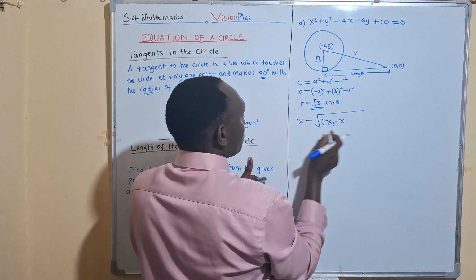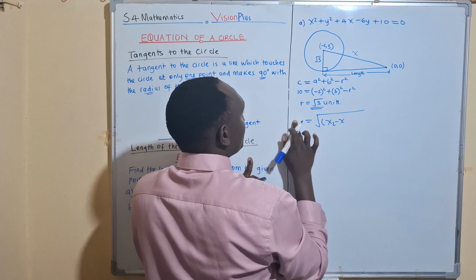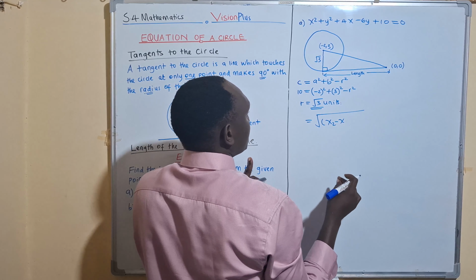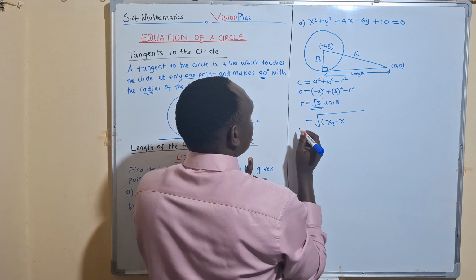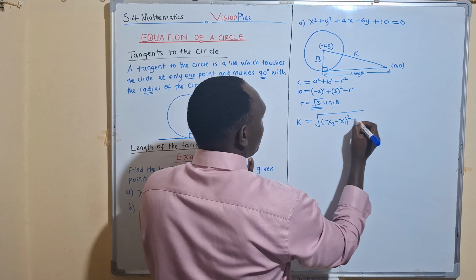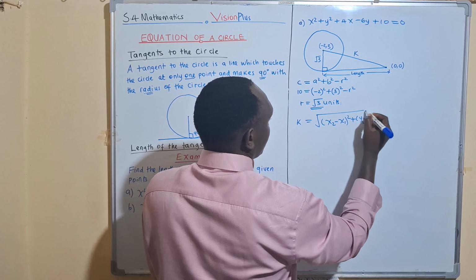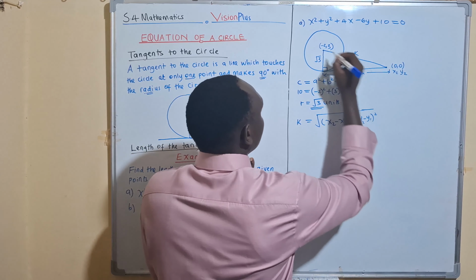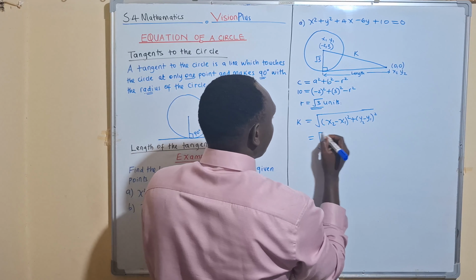Let me use distance k, so that I have k equals, this is the formula for getting the length between any 2 points, squared. You name your points: x2, y2 here, x1, y1. Then I substitute for them here.